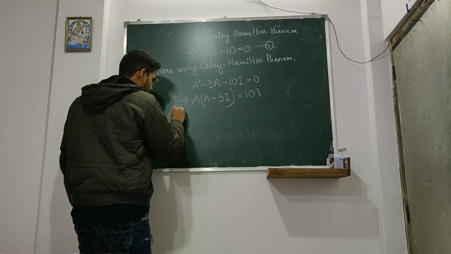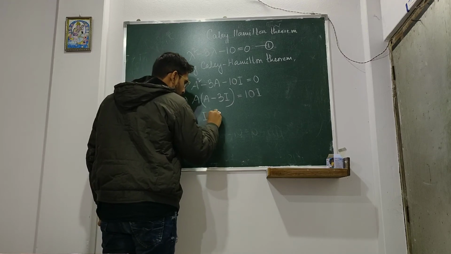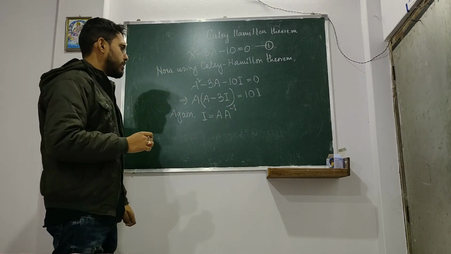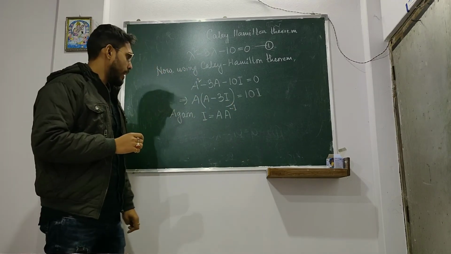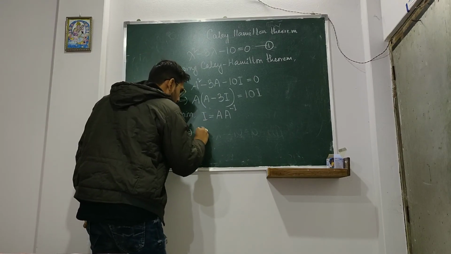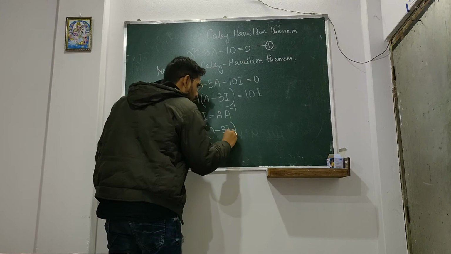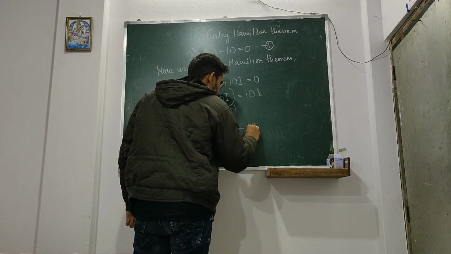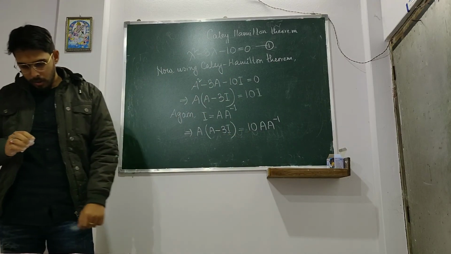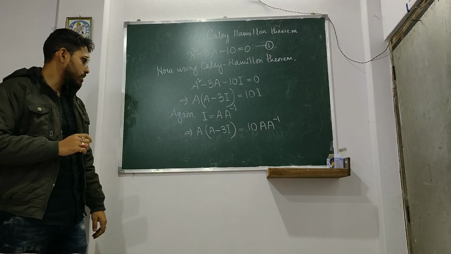Now again, we can write this I as A into A inverse. So if we replace this one, we are getting A times (A minus 3I) equals 10A into A inverse.